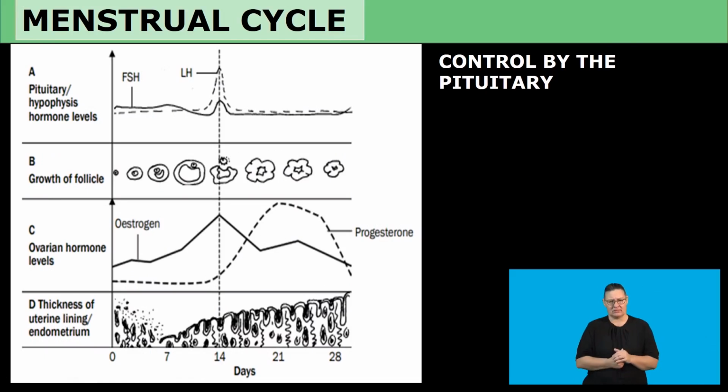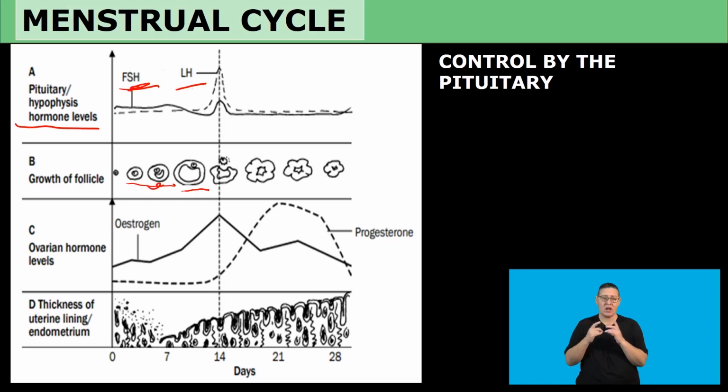Let's check this graph quickly. So we've got pituitary gland, which is also called the hypophysis. It secretes FSH and LH. And look, as FSH is secreted, the follicle is growing. It's becoming bigger. But as the follicle starts to grow, you can see now ovarian hormone, estrogen, starts to increase. Why? Because this follicle now is growing up and is secreting estrogen hormone.